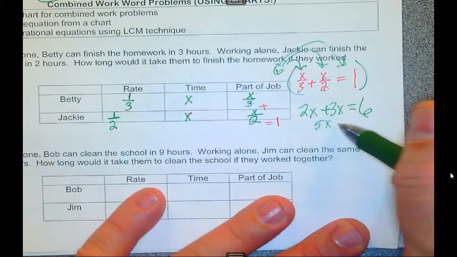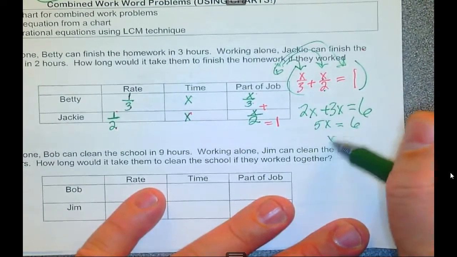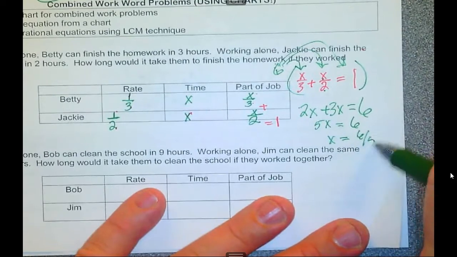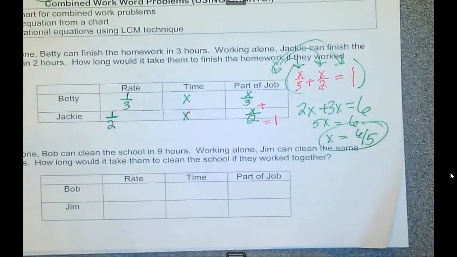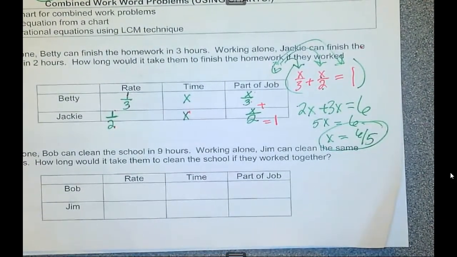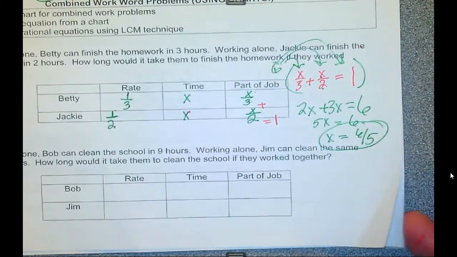Five x equals 6. X equals 6/5. The hard part's setting them up. Questions, comments, concerns?